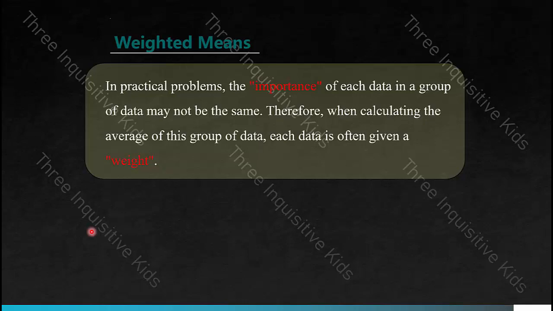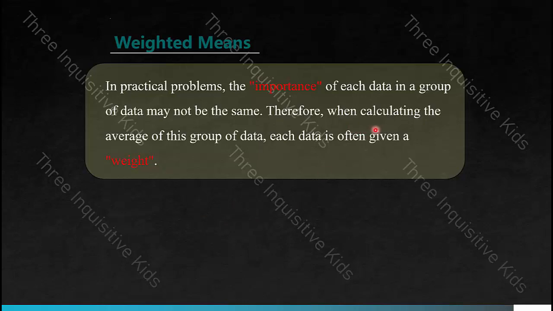So now you're saying, maybe in a set of data I have, say, 1, 3, 7, and 10. But I think that maybe the 3 should impact the mean more than the others because somehow 3 is of more importance. So this is when weighted means come in.